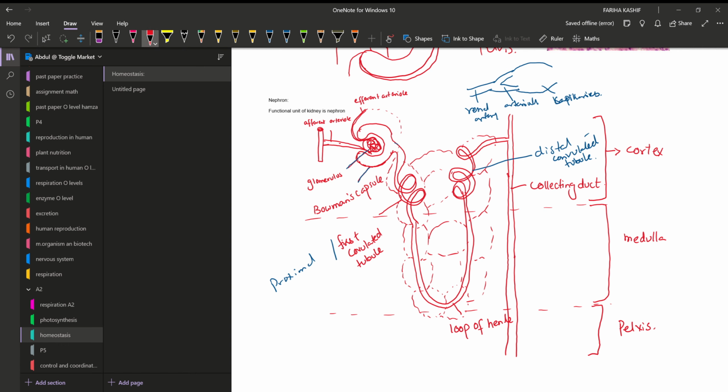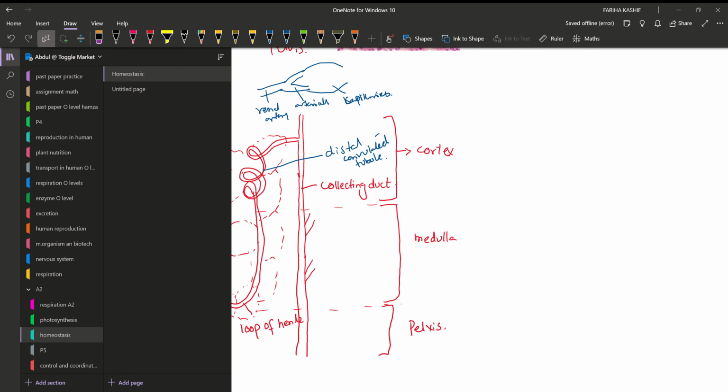Is this clear? So what are the parts of the nephron? Number one is the glomerulus.